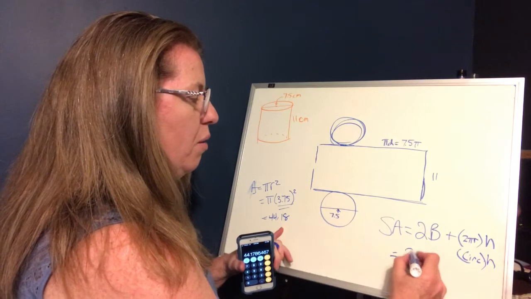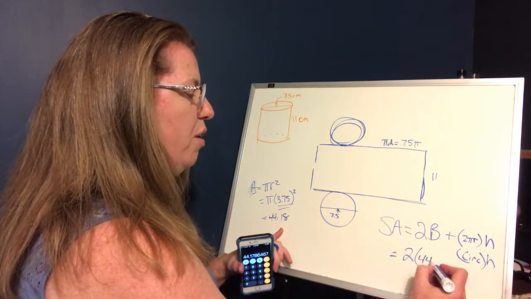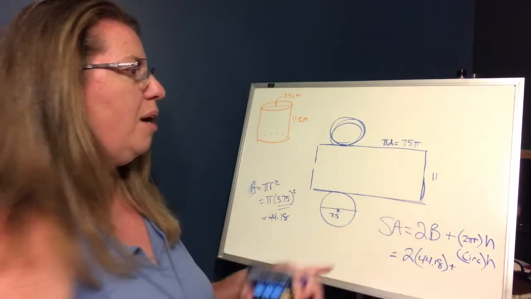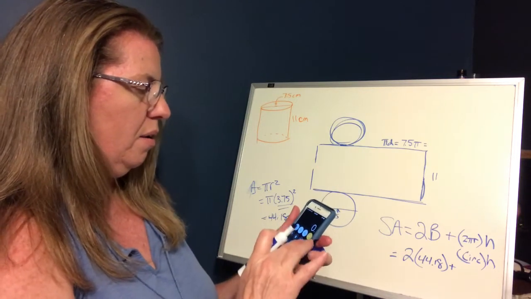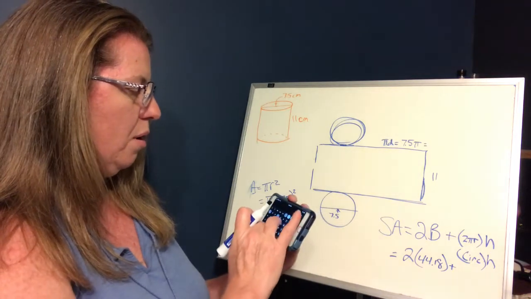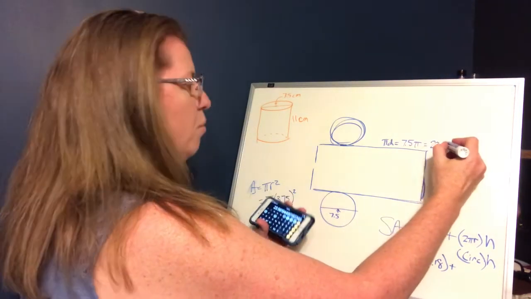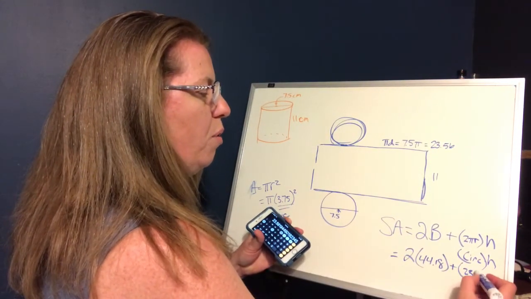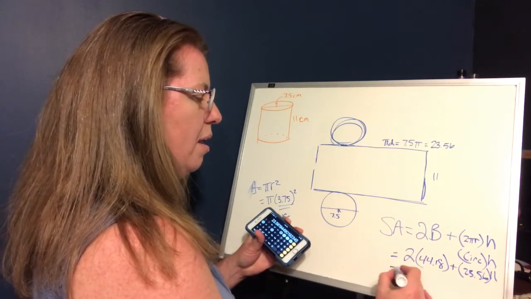In our formula we have 2 times the area of the circle, so it would be 2 times 44.18. The circumference, when we go back up here, is 7.5 times pi. Let's use our numbers. It's about 23.56. So we're going to do 23.56 times my height of 11.